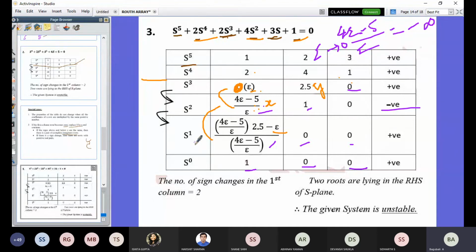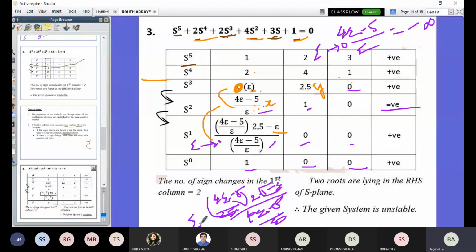The same principle you can apply here also. Apply zeta tends to 0. It means 4 into zeta minus 5 divided by zeta, into 2.5 minus zeta, divided by the x term, 4 into zeta minus 5 by zeta. If you substitute the limit zeta tends to 0, what is the answer here?